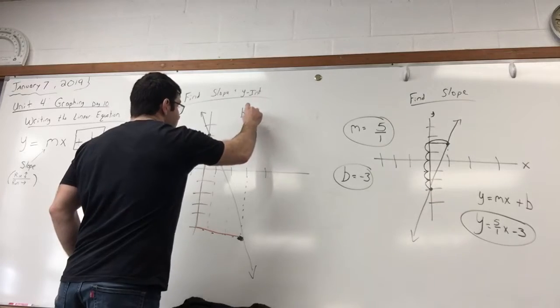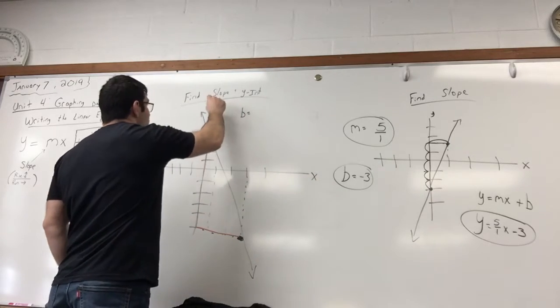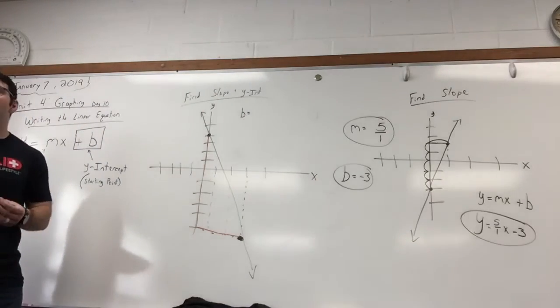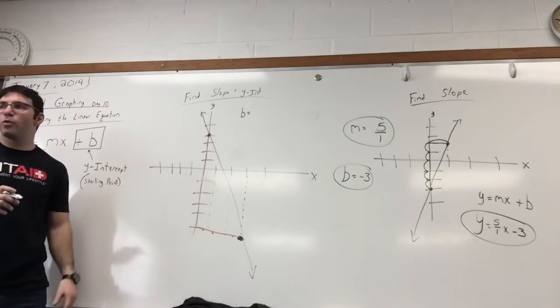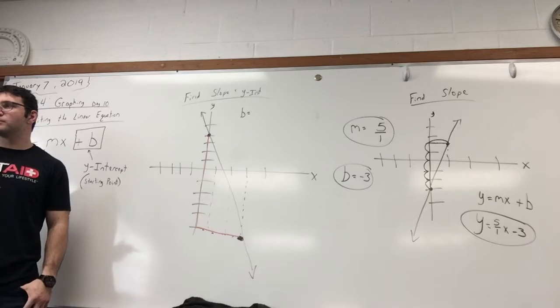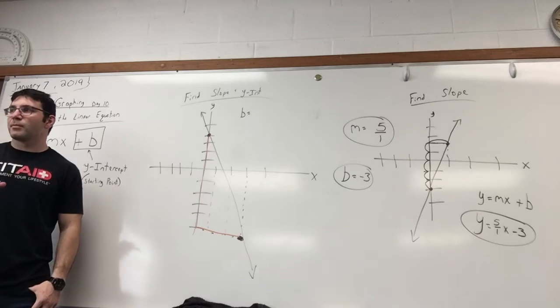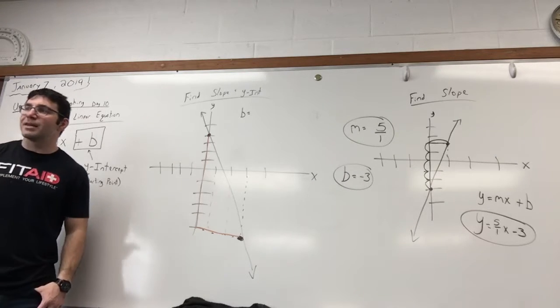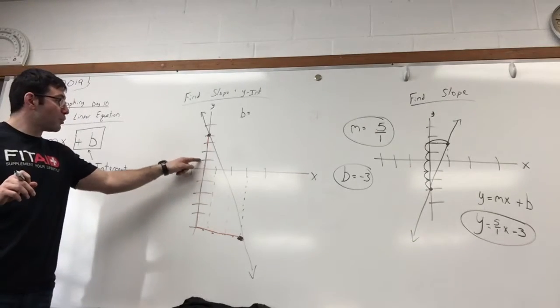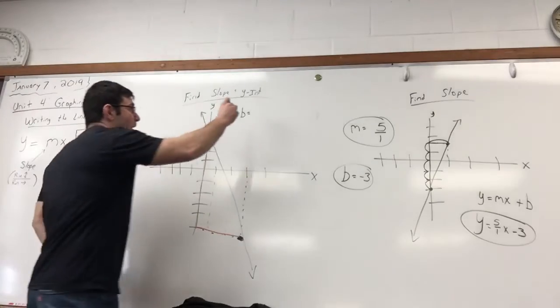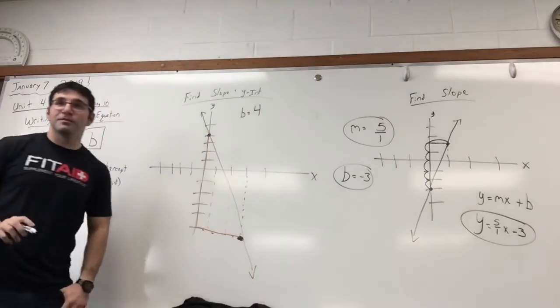So my b is my y-intercept. Where does it cross the y-axis? Brooklyn, where do you think it crosses the y-axis? At what number? Yeah, at 4. So here's 0. Up 1, 2, 3, 4. So my b is positive 4.